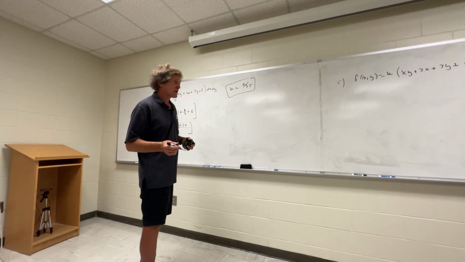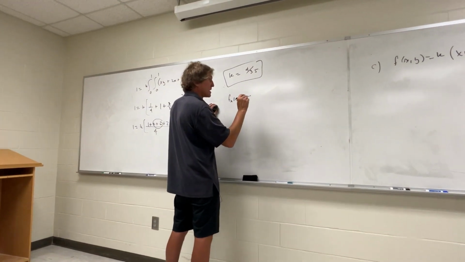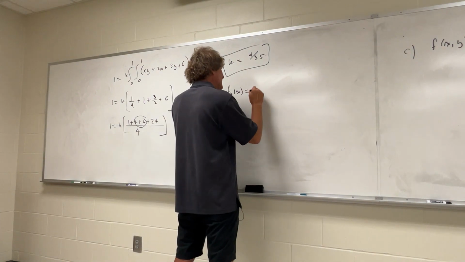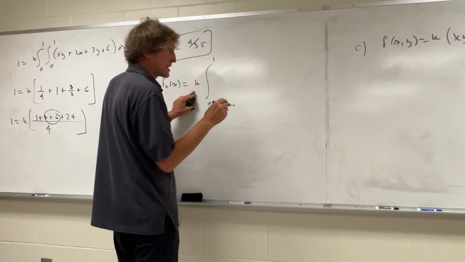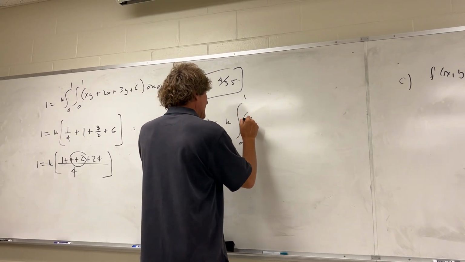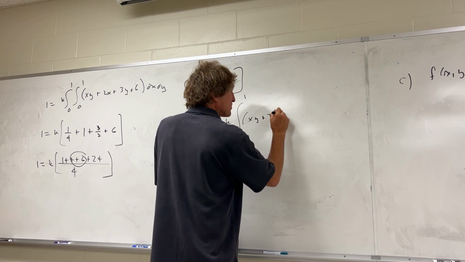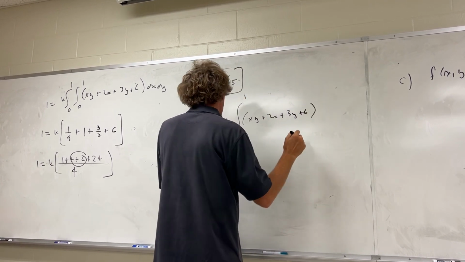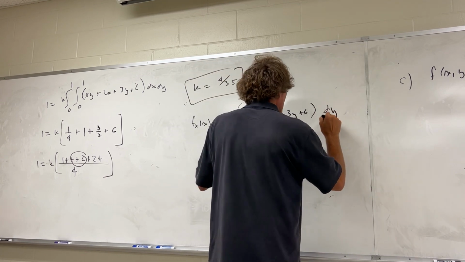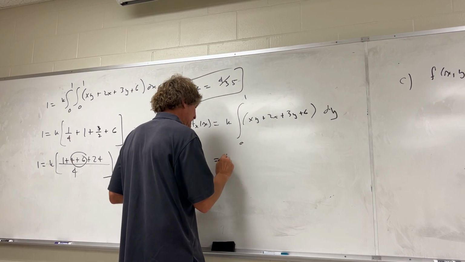Okay. All right, so just looking at this, how do I get f sub x of x? I would take that guy, right? It would be k, and then I'm going to do the integral from 0 to 1 dy of xy plus 2x plus 3y plus 6 here, and I'm going to integrate dy, correct? What is that going to end up being? That's k.